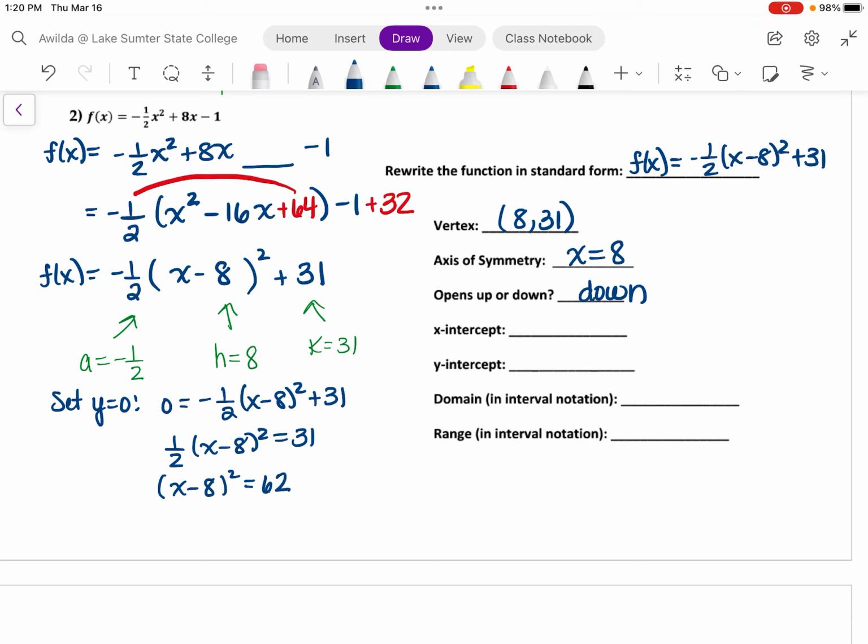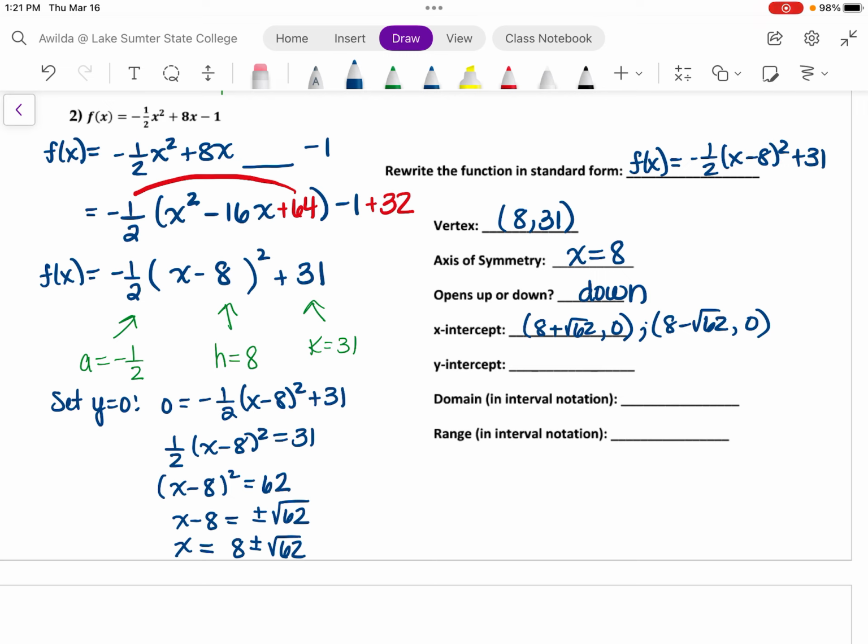Next, I'm going to apply the square root property. So x minus 8 must equal plus or minus the square root of 62. Adding 8 to both sides, we get that x is equal to 8 plus or minus the square root of 62. That means that we have two x-intercepts, (8 plus the square root of 62, 0) and (8 minus the square root of 62, 0).